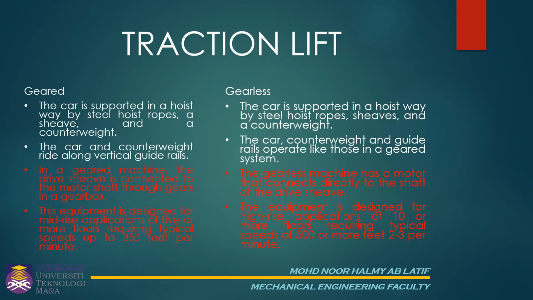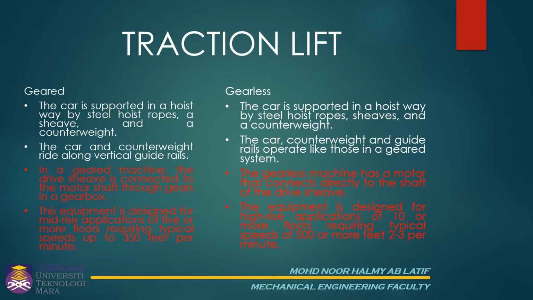In a geared machine, the drive sheave is connected to the motor shaft through gears in a gearbox. This equipment is designed for mid-rise application of 5 or more floors requiring typical speeds of 350 feet per minute.